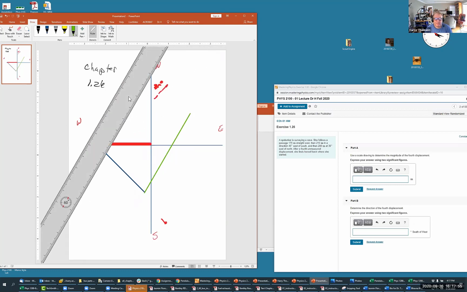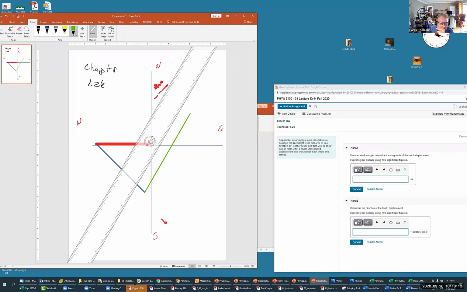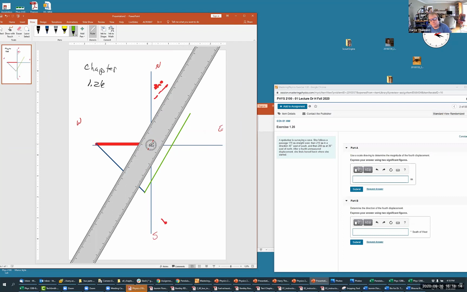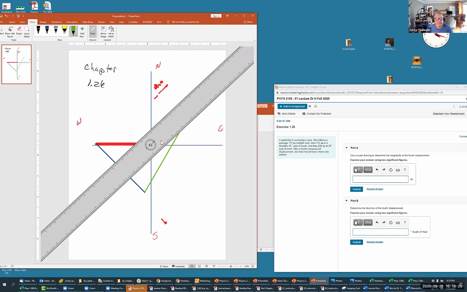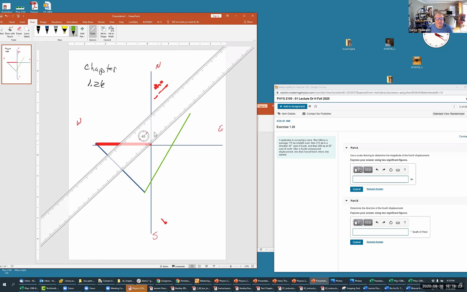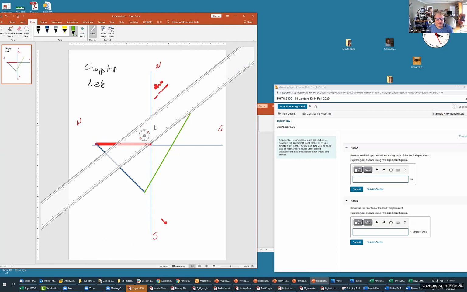Now, she finds herself back where she started. Okay. So, in other words, she has a displacement of 0. Okay. Well, that looks like it's going to be a round number, too.